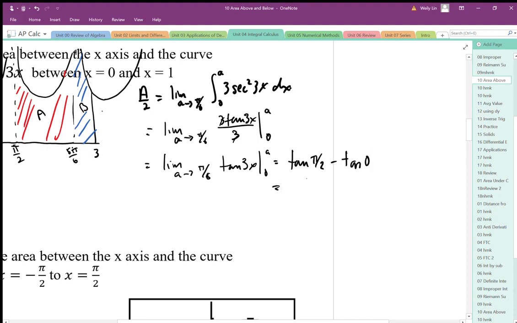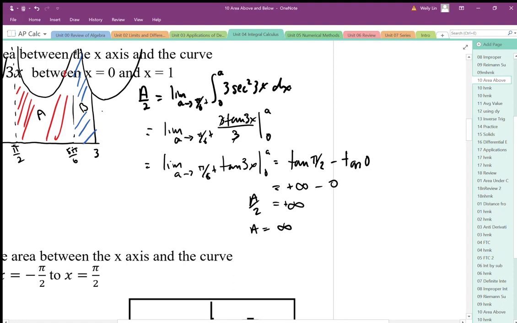Okay, so tan of pi over 2 is infinity, and we're approaching it from the positive side, so it's going to positive infinity minus 0, so we end up with positive infinity. Okay, so half of the red area there is going to be infinity. So if half A equals infinity, we can say that A is equal to an infinite area.